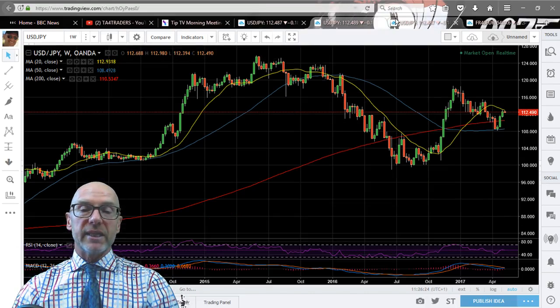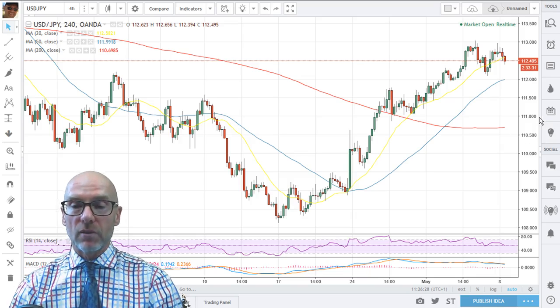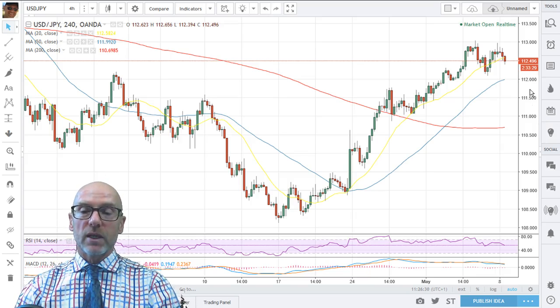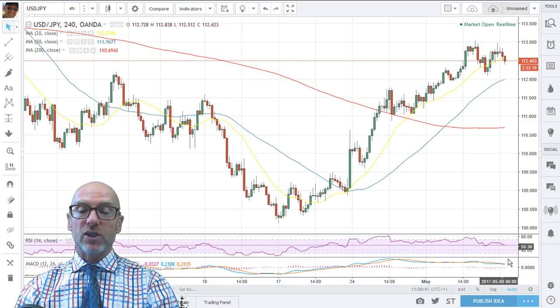Looking at the shorter term, here we've got the 4-hour, where each candle is 4 hours. You can see we're tracking up with the 24-hour moving average. RSI again showing negative momentum, and the MACD negative as well.